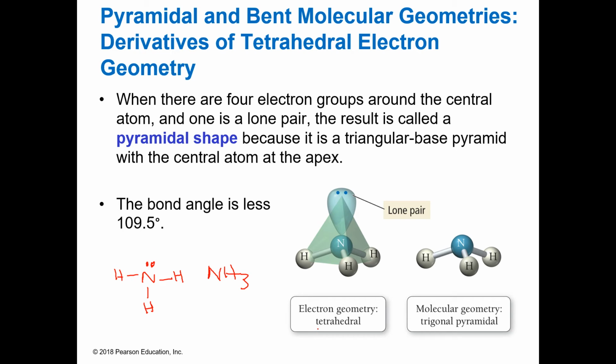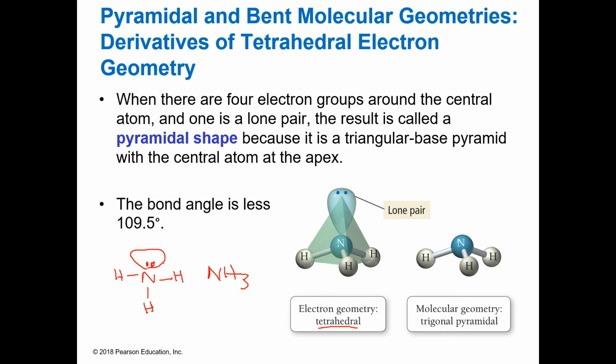So its electron domain geometry is tetrahedral. 4 electron groups is a tetrahedral geometry. However, its molecular geometry is different. It's trigonal pyramidal. The reason being is because this lone pair takes up more space.